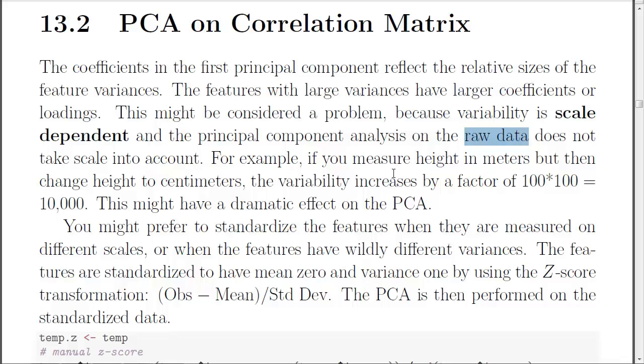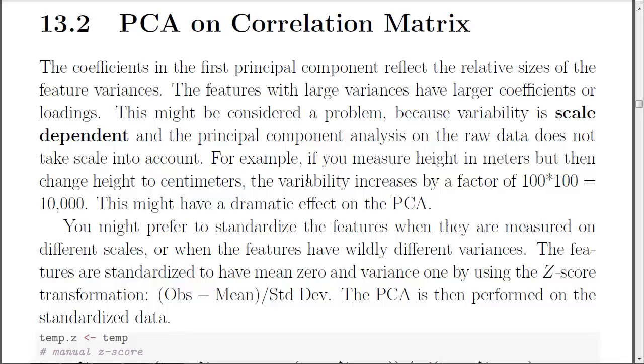For example, if you measure the height of a person in meters as one variable, that has the data on a certain scale. But if you were to measure in centimeters instead, you'd get the same measurements in terms of your data.